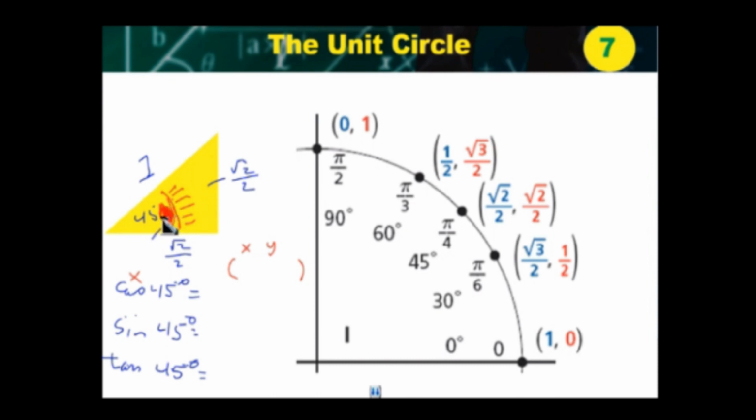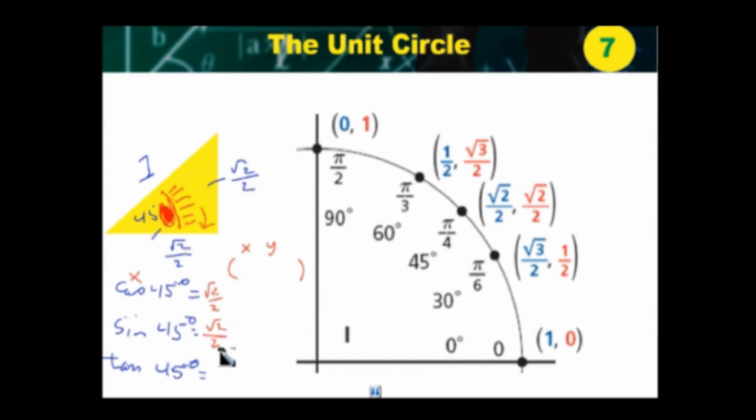And cosine is adjacent. Adjacent to me is this down here. Square root of 2 over 2 divided by 1, which is going to give me square root of 2 over 2. Sine is opposite of me, which is square root of 2 over 2, again, because it's divided by 1. That's just itself.